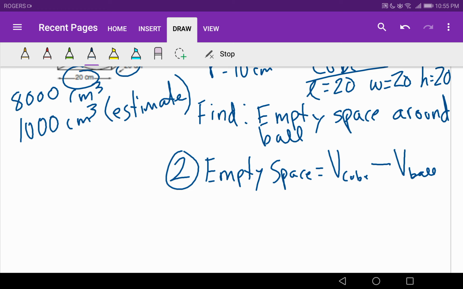So essentially, take the volume of the cube and subtract the space that the ball takes up, which is the volume of the ball. All right? So my plan is, what do I need to find? I need to find the volume of the cube and the volume of the ball.